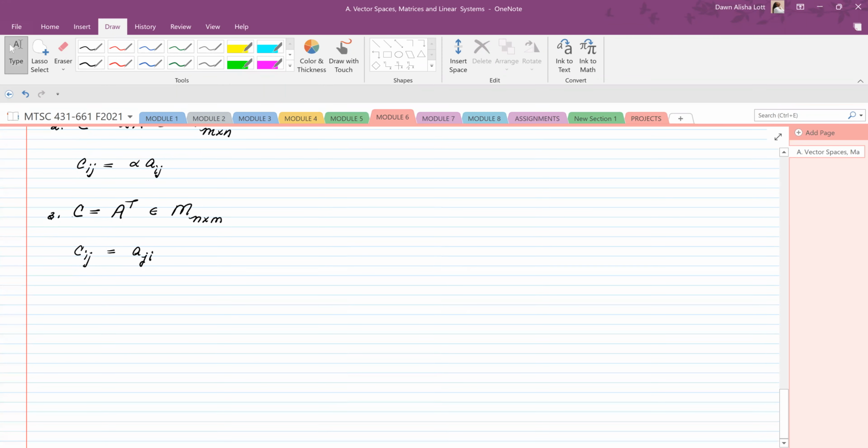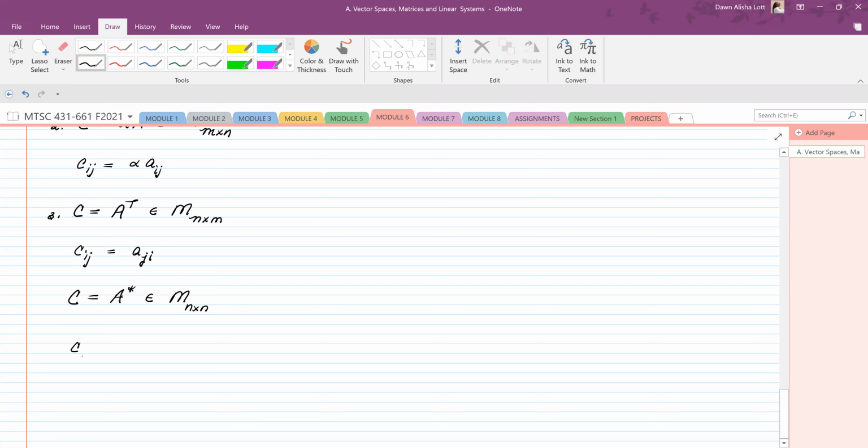Okay, if C is equal to A star, this is also an element of N by M, and these are the conjugate transposes.